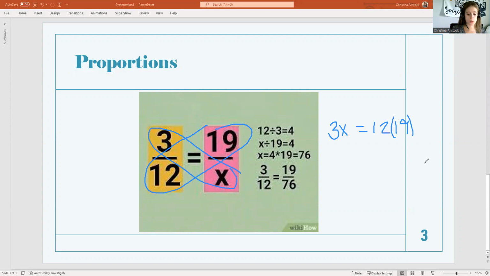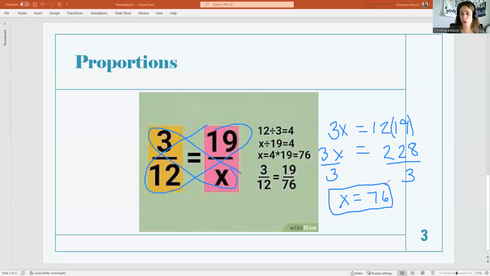So first we would start with 12 times 19, which is 228. So we have 3x is equal to 228. Now we have a one-step equation, which means we can divide both sides by 3 to find our value of x, which would be 76.